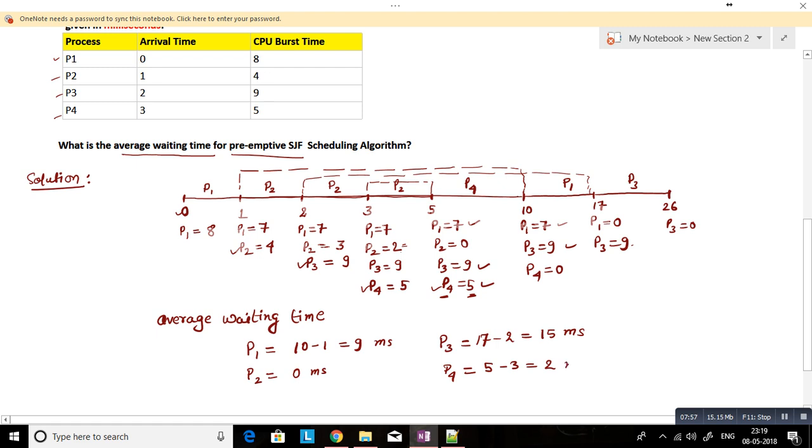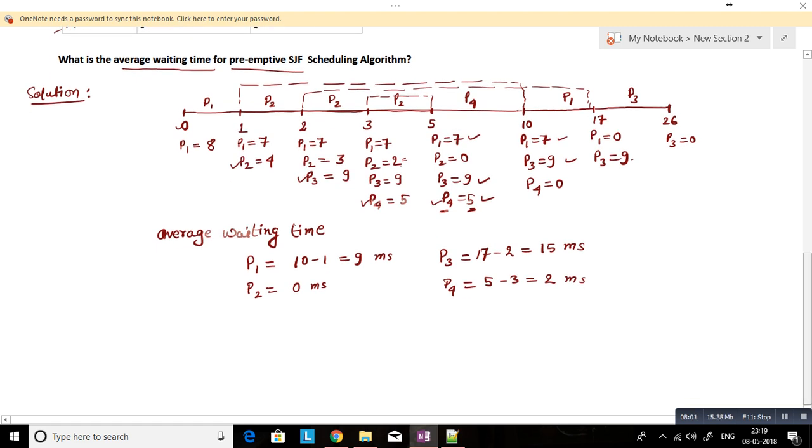So average waiting time equals 9 plus 0 plus 15 plus 2, divided by 4, as there are 4 processes.